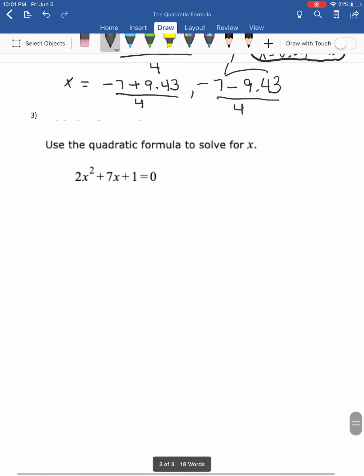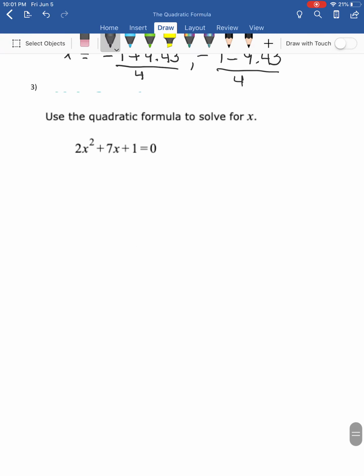Okay, last example. This one is already in ax squared plus bx plus c equals 0 form. a is 2, b is 7, c is 1. Notice the directions: we're going to leave the answer with square roots.